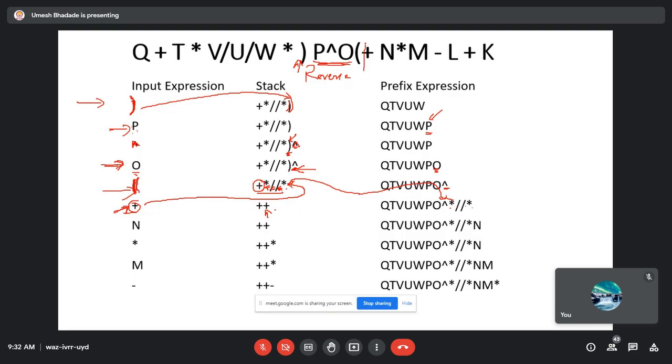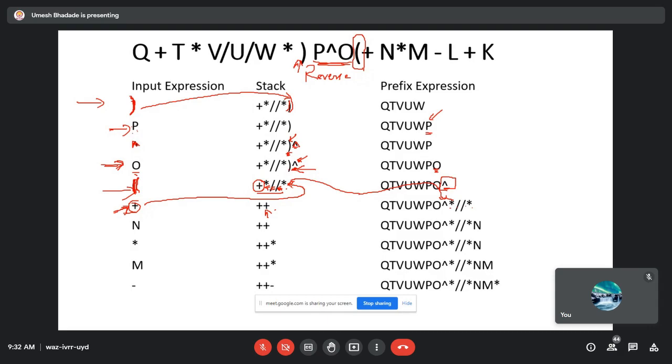You have encountered this opening parenthesis. Fine. So what you will do, you will go on popping all the symbols on the stack till you encounter closing parenthesis. So there was only single symbol here, right? Only caret was there, means rest to the power was there. So that we have popped here. You can see here that we have popped and added to the prefix expression. And we have discarded opening parenthesis.